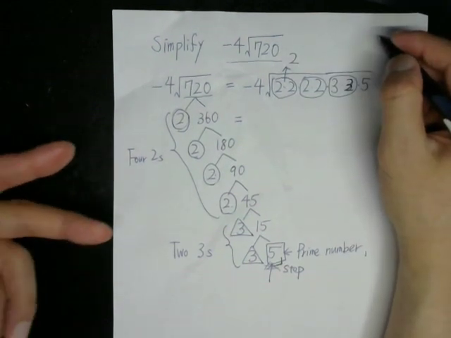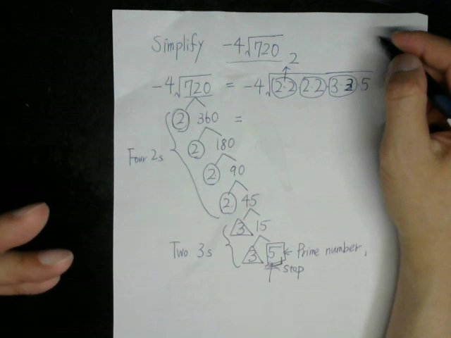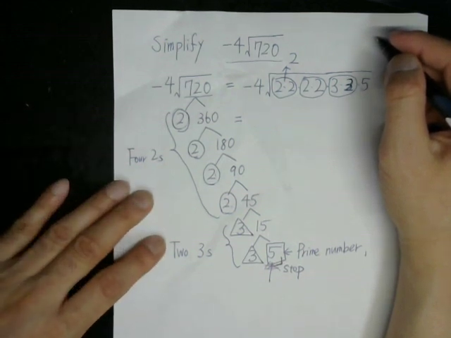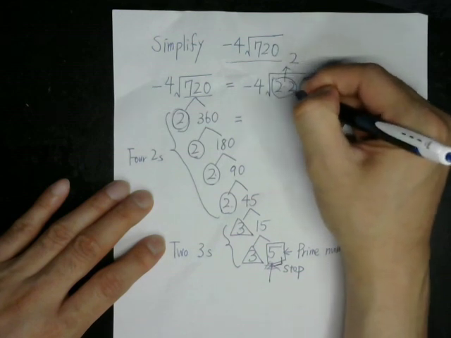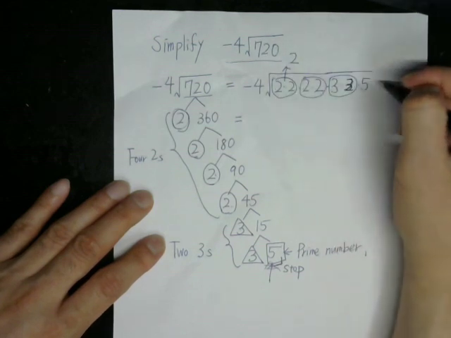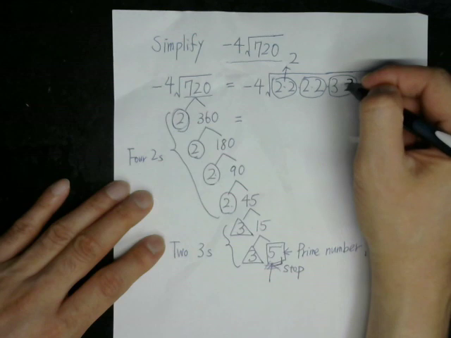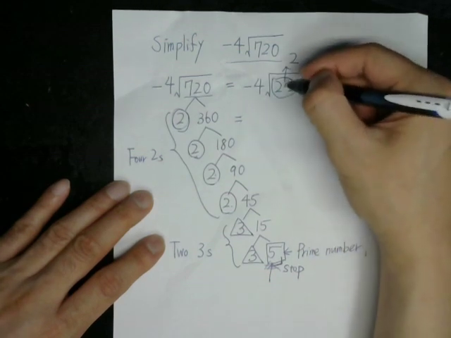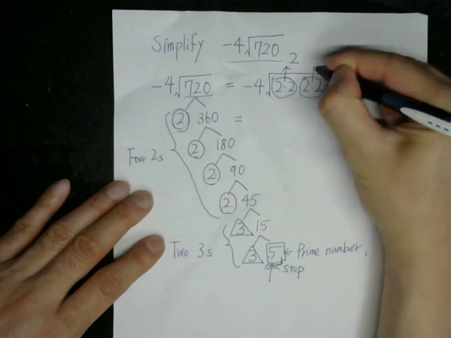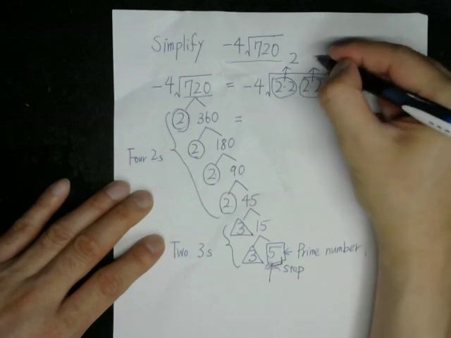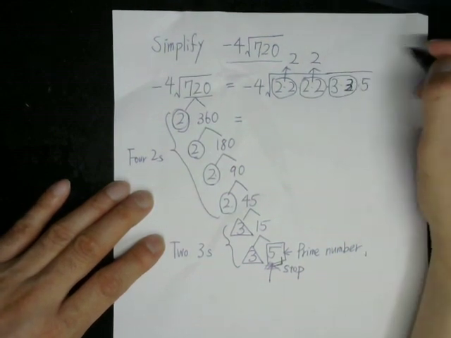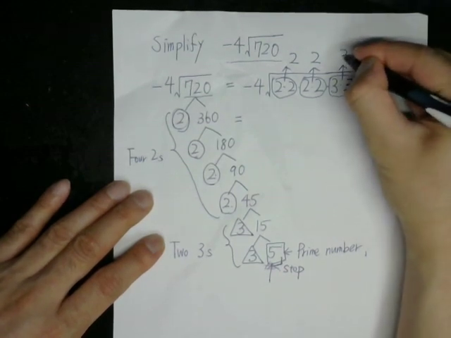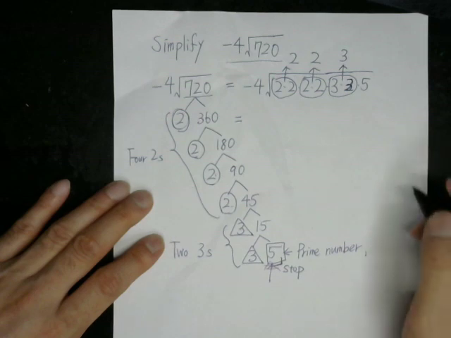A square root is a number that becomes a whole number when it's multiplied twice inside, because these two numbers are the same. So a 2 will come out. From this pair, another 2 pops out. And this pair of 3s, a 3 pops out of the square root.